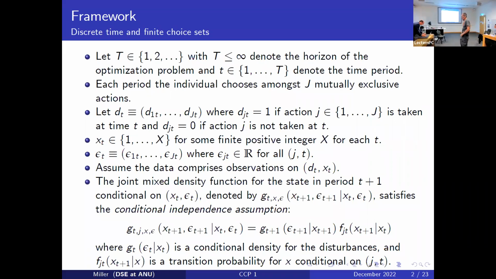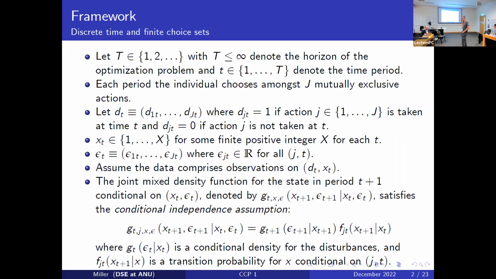The epsilons are associated with each choice at each time. So it's going to look something like a logit model in the end when we put the type 1 extreme value assumption on the epsilons.